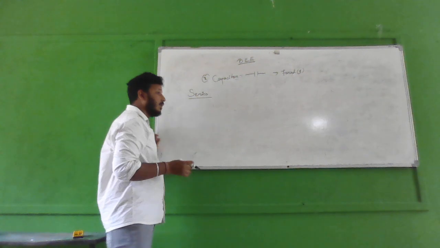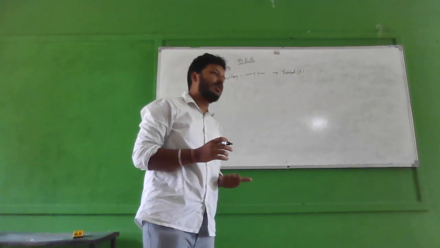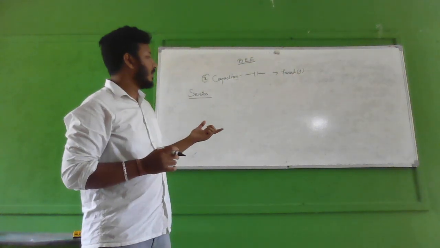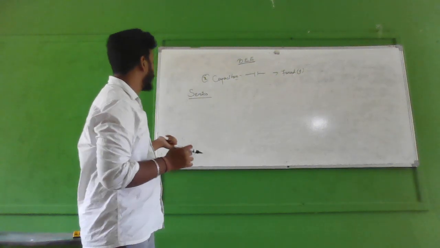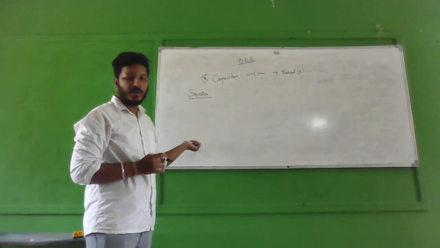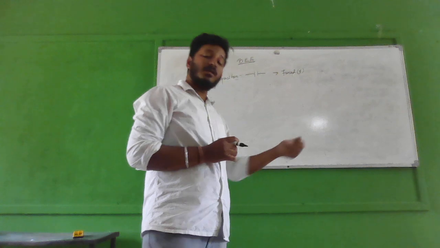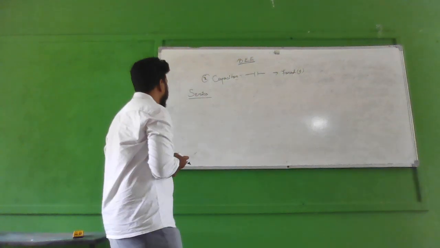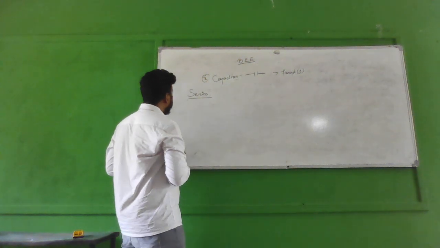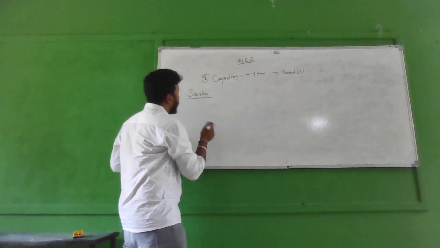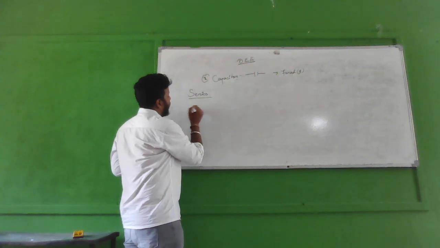The formulas are reversed: the formula we apply in the parallel case of resistors is applied in the series case of capacitors, and what we apply in the series case of resistance is applied in the parallel case of capacitors.